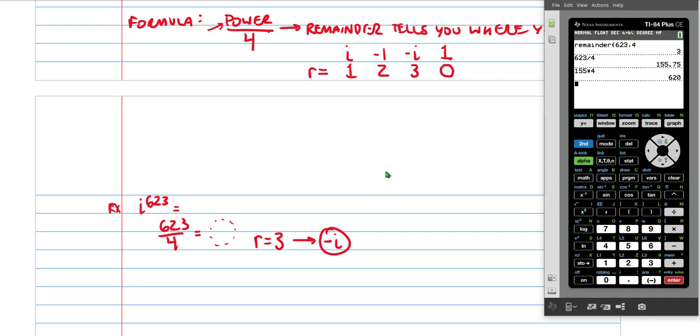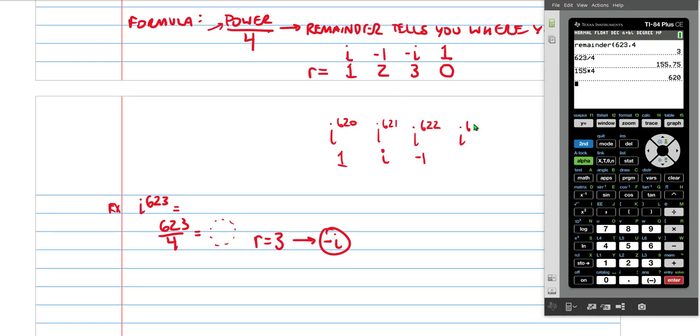So i to the 620 would be the 1. Well, right after that, at 621, the pattern would start over again. So we have a 1, and then we go back to i, and then i to the 622, we have negative 1. That's the next item in our pattern.